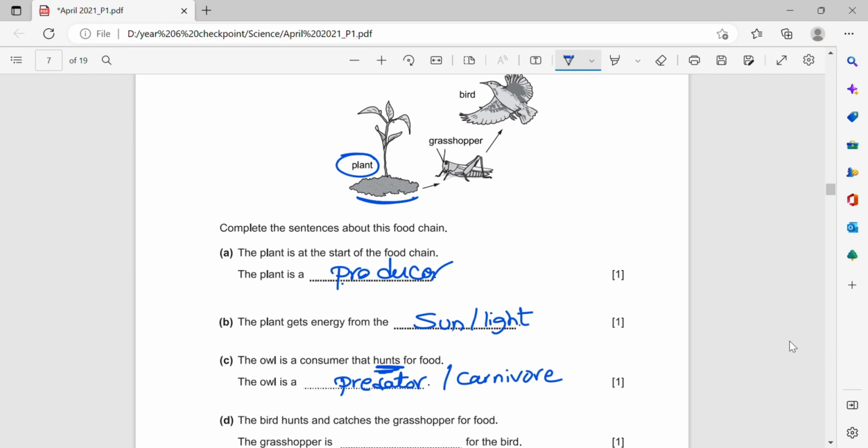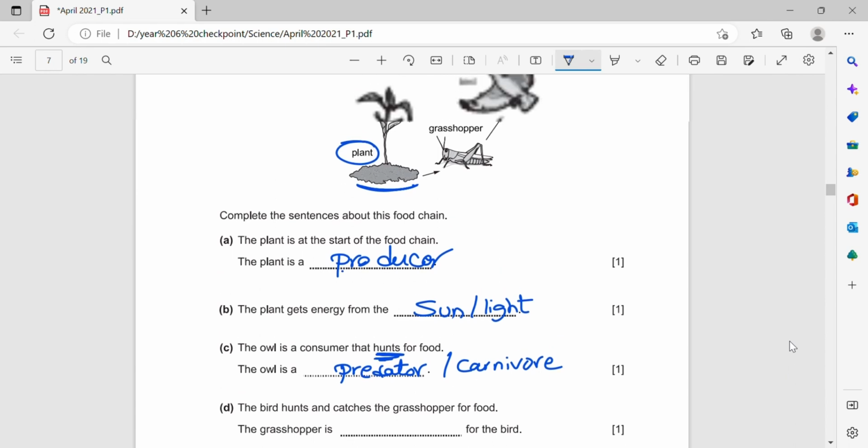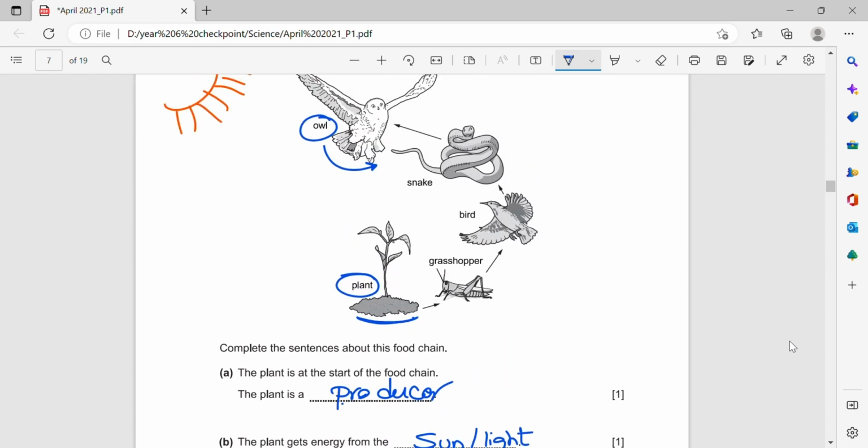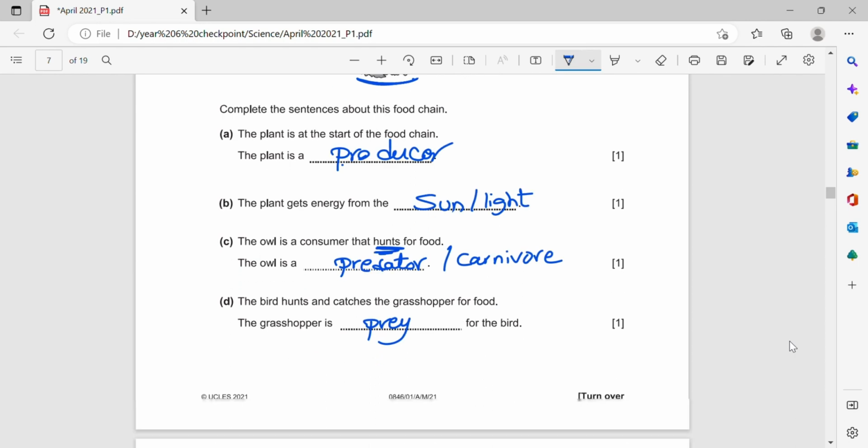There's flexibility in Cambridge marking. The bird hunts and catches the grasshopper for food. The grasshopper here is what for the bird? Great, it's the prey. It's being hunted. It's the prey for the bird.